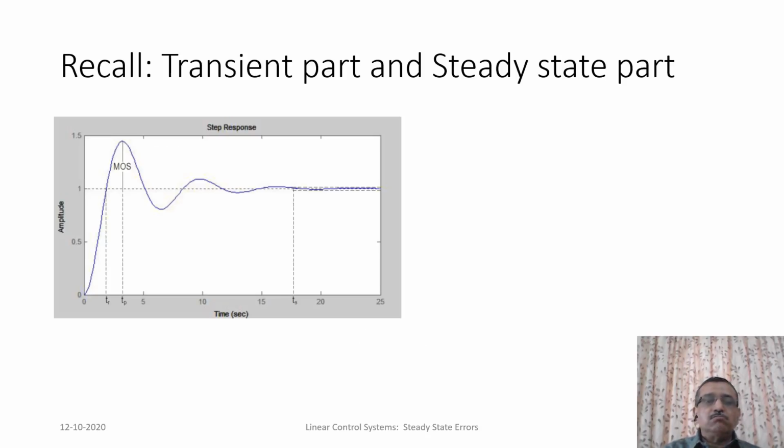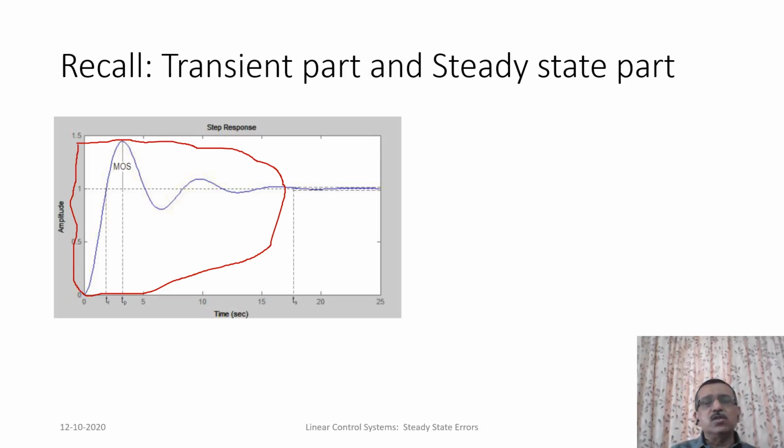So let me go to the interesting part, the examples. Recall that a step response of a system has a transient part and a steady state part. The transient part would look like this. This part is called transient, where there is oscillation.